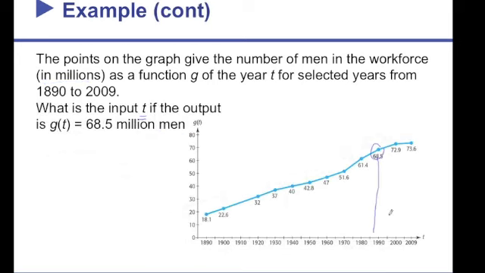If we go straight down, we'll find out that the input was 1990. So in 1990, there were 86.5 million men in the workforce.